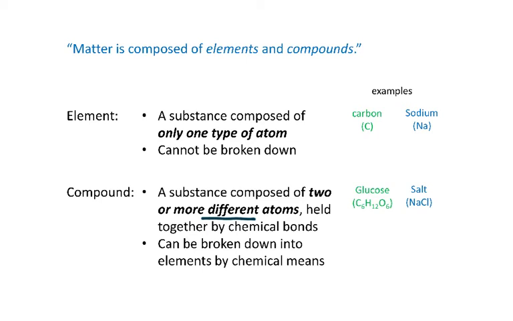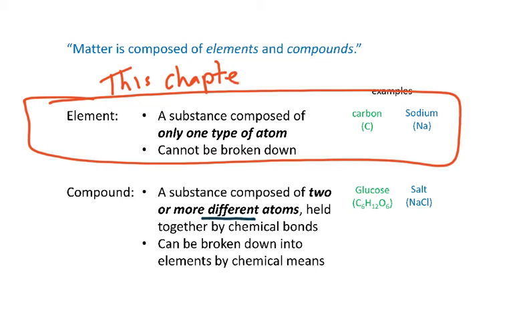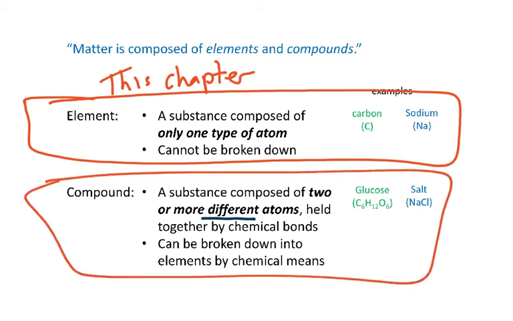So this chapter will be all about elements and atoms, and compounds we will begin to look at in the next chapter. So when we start the next chapter, be prepared to see this exact same slide, and we'll be focusing then on part 2.